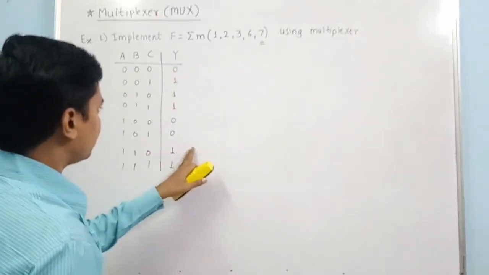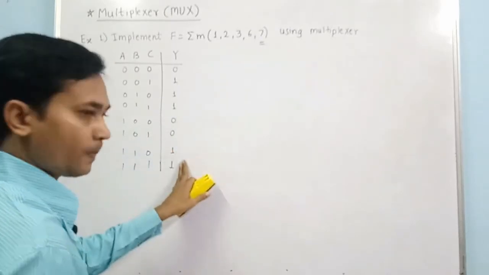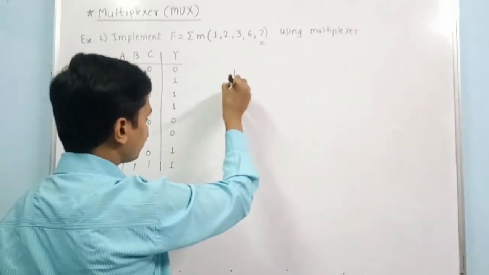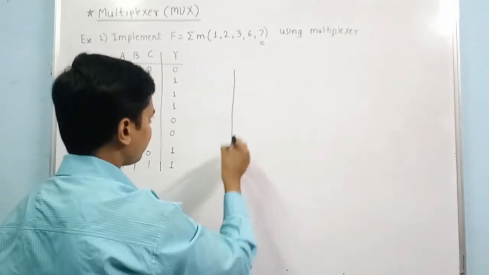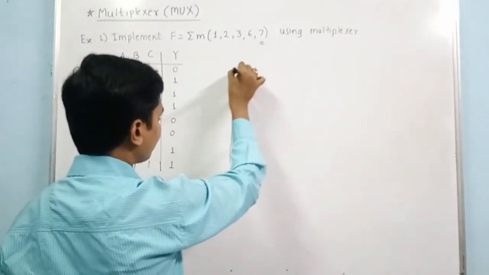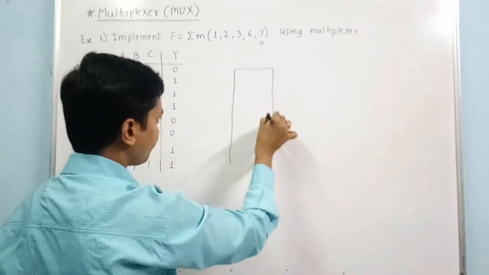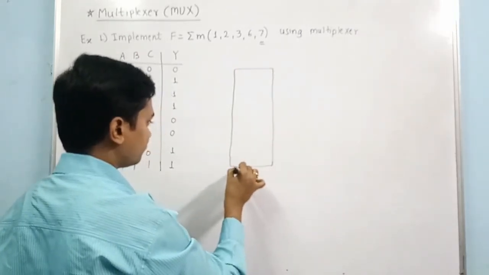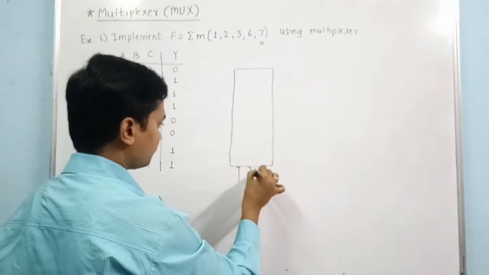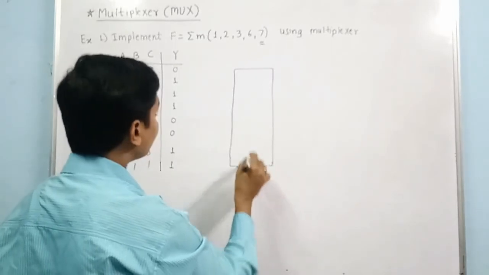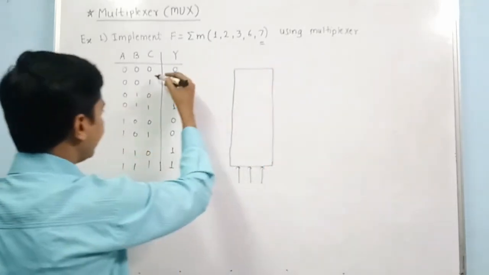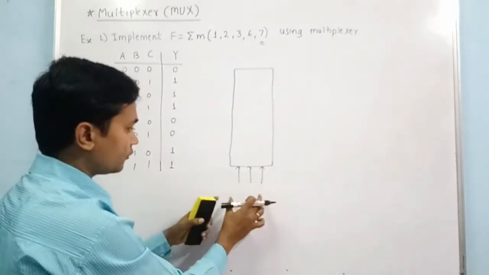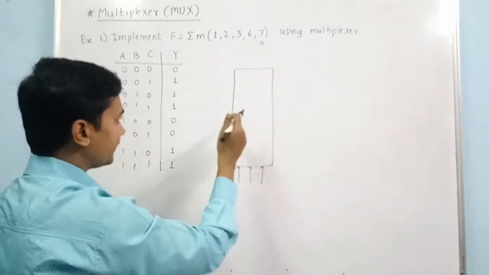Now first of all we have to draw the 8:1 multiplexer. So total number of inputs are what? 8. So how many select lines must be there? 3 select lines. So 2^3 should be equal to 8.